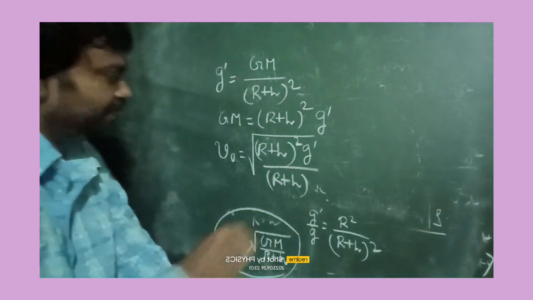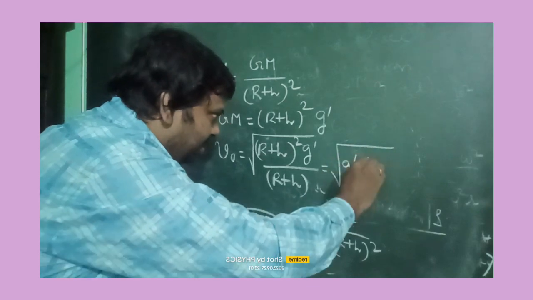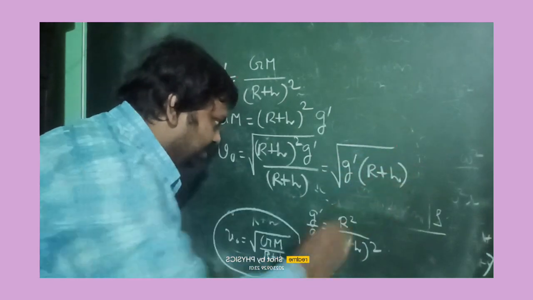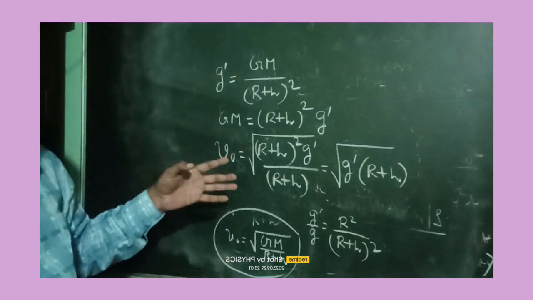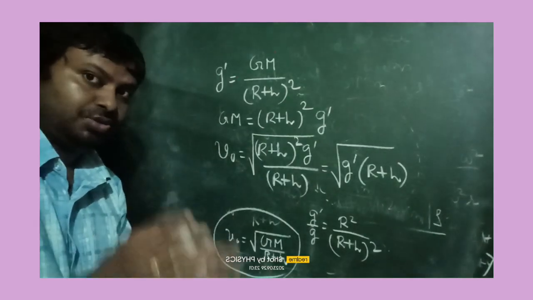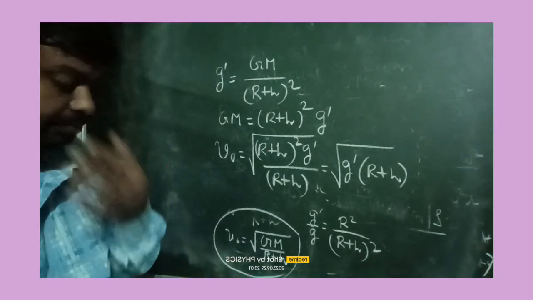What we have is equal to under root g dash into (R plus h). This is the expression for the orbital velocity of the artificial satellite.